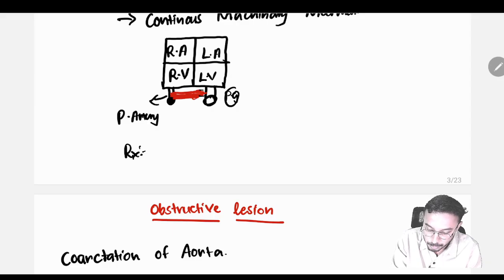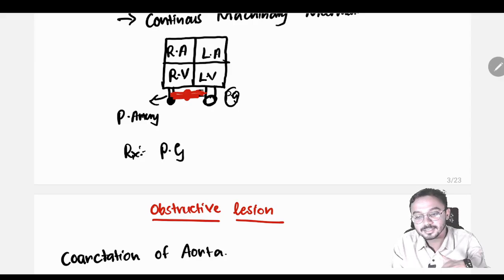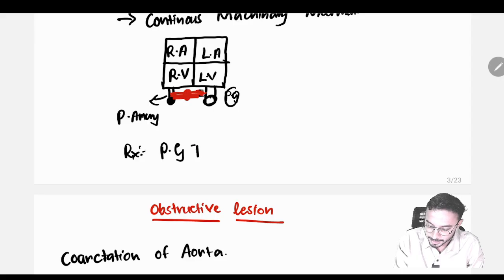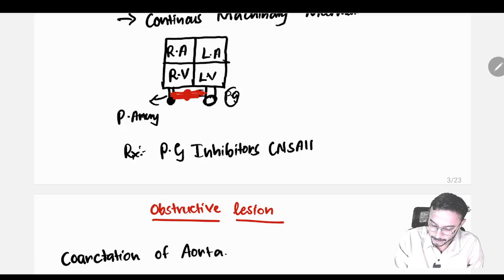So which drug am I going to give? Not prostaglandins. If I give prostaglandins, it will open. So I will be using prostaglandin inhibitors for this condition. The best example is NSAIDs, non-steroidal anti-inflammatory drugs such as ibuprofen.